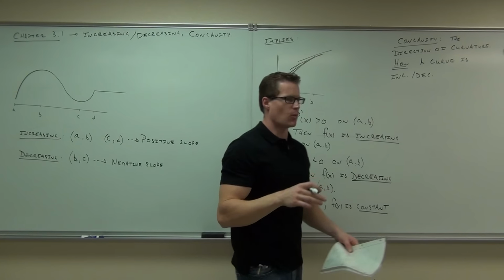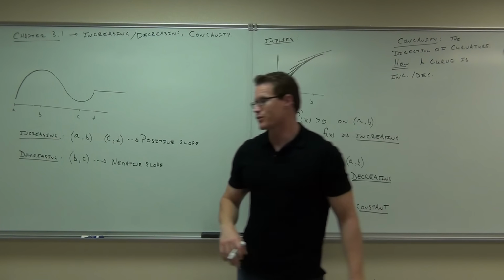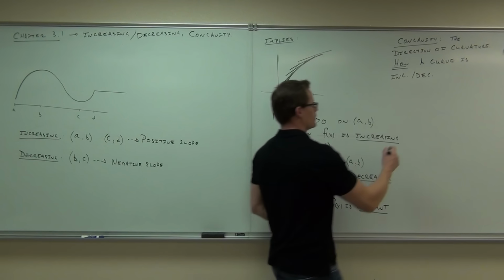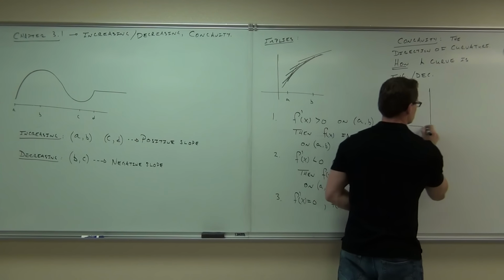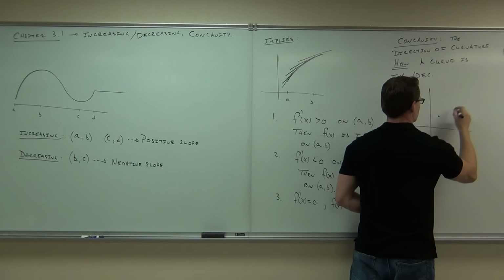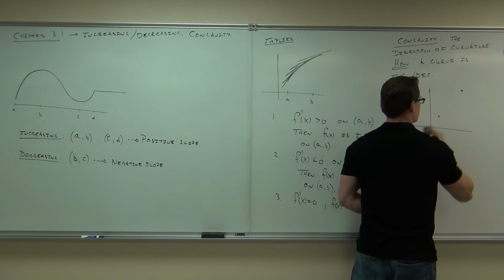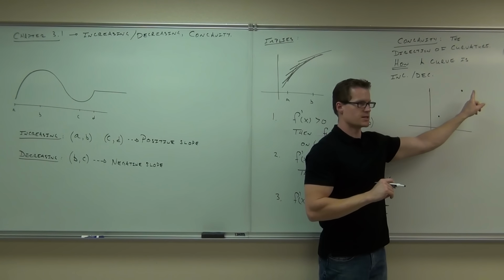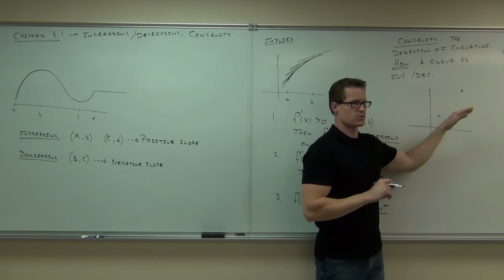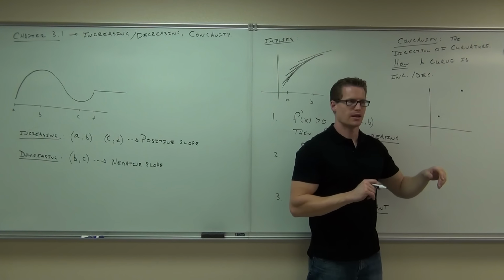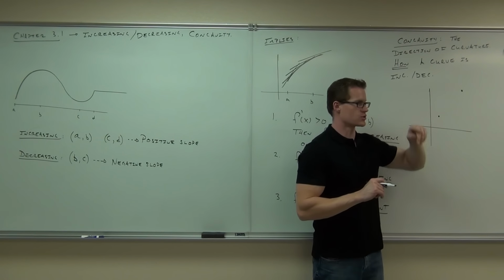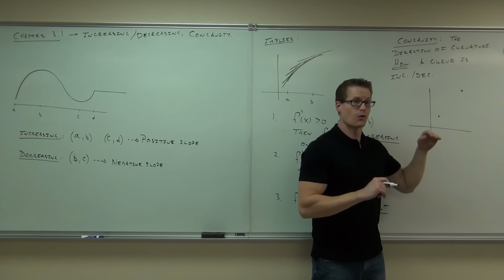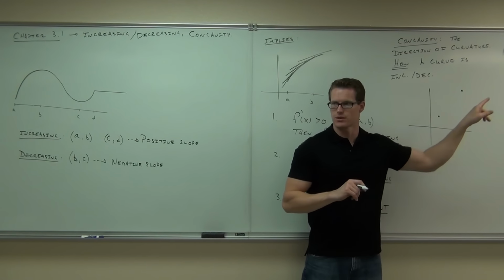Let me give you an example about why this might be important. Would you agree that to get from this point to this point and be continuous, you are going to be increasing? And let's just pretend that we're not going to go up and down. Let's go from here to here and not go back down again. So we'll definitely overall be increasing from here to here, right?